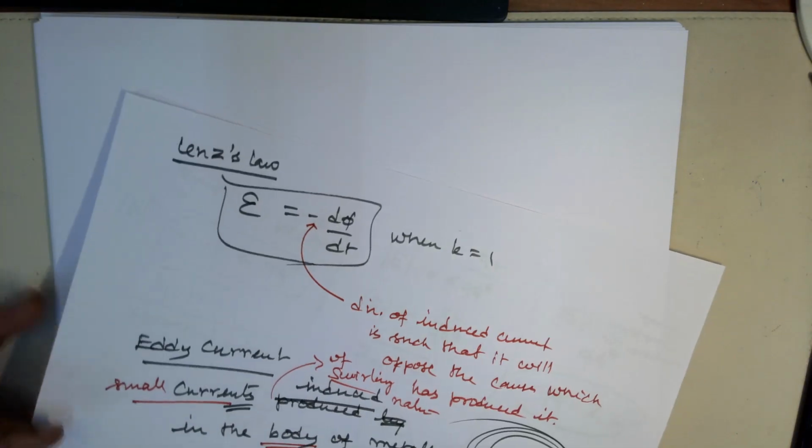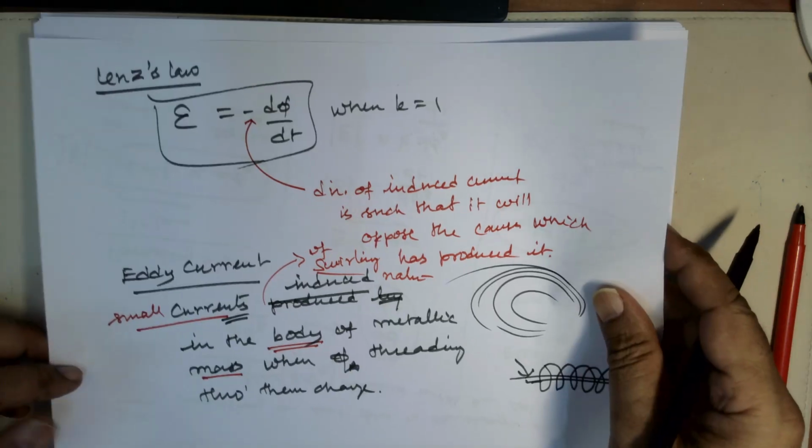Next. And there are so many applications of these eddy currents. We'll discuss later about this. And you should know the disadvantages of eddy current. Before that, we'll try to understand the amount of current produced here.